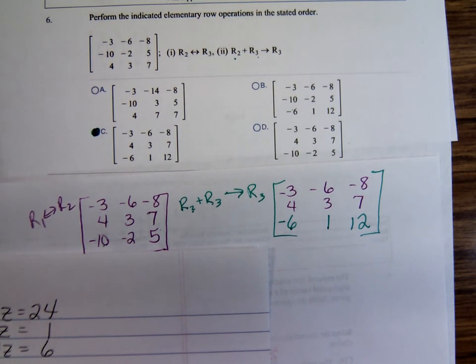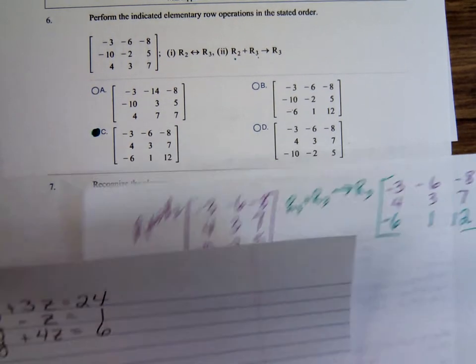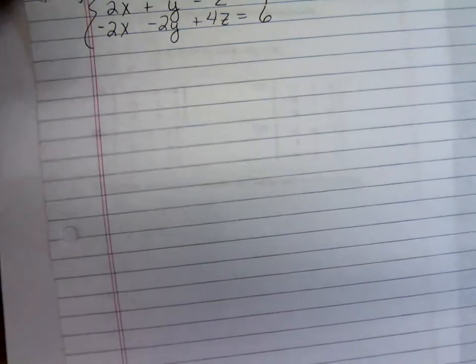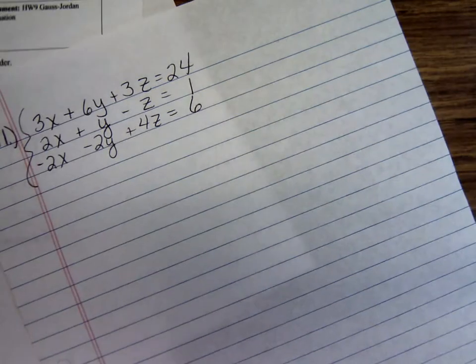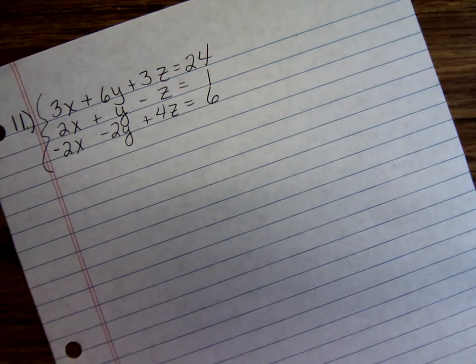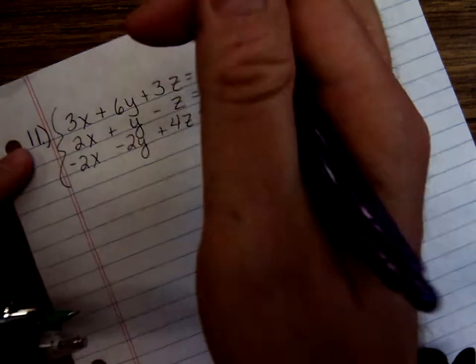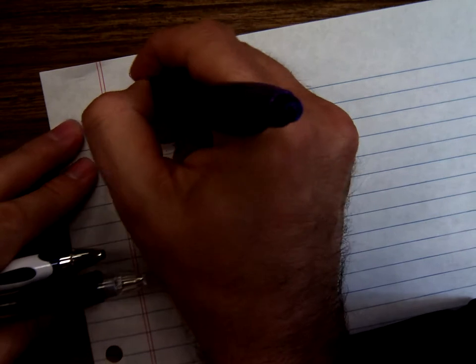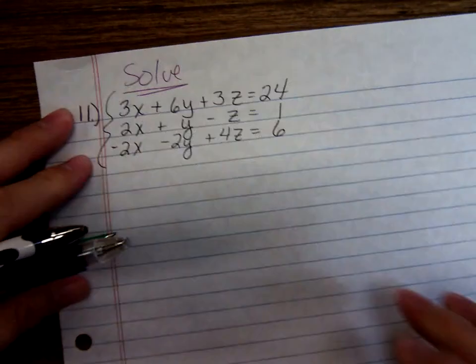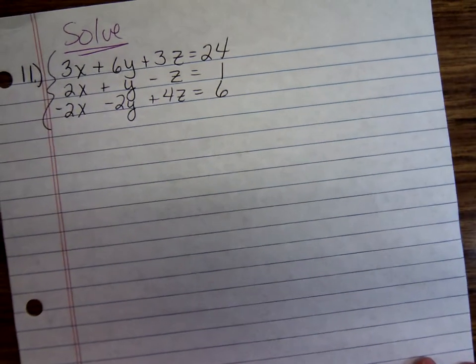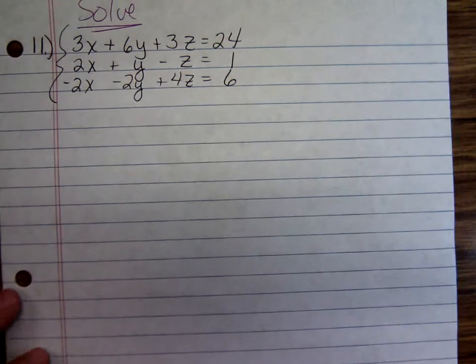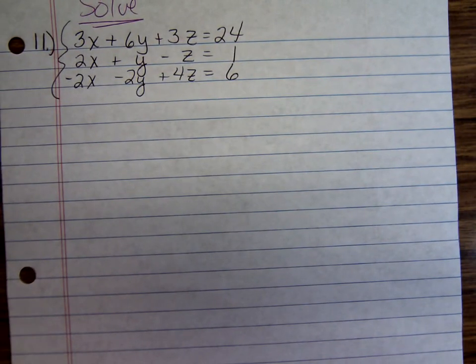And let's see, this is like your number 11. Here it is. And what we're going to do here is actually solve it. We want to know x equals, y equals, z equals. That's problem number 11.